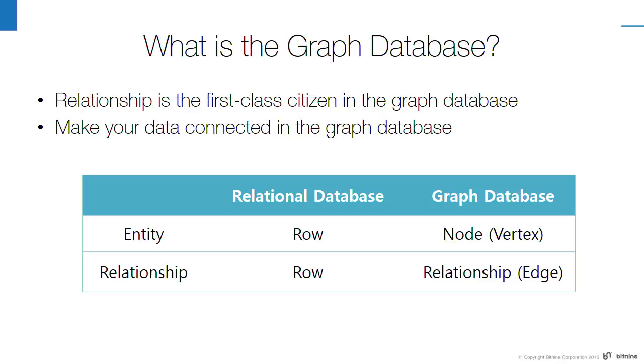What is the most different thing of the graph database is that the relationship is the first-class citizen in the database system. In other words, relationships are explicitly managed and handled directly by the database engine. In relational databases, relationships are created and handled implicitly.